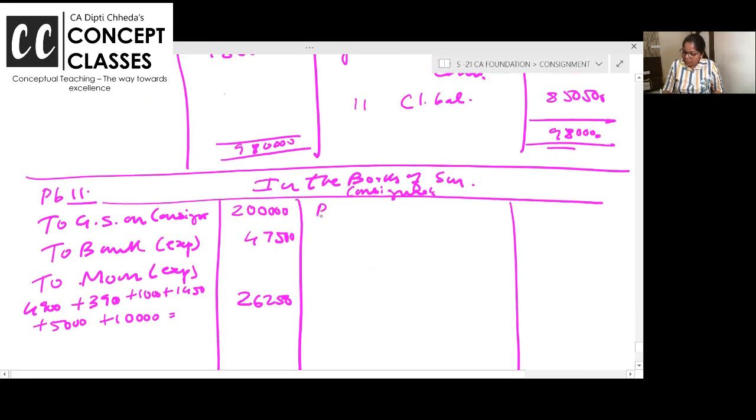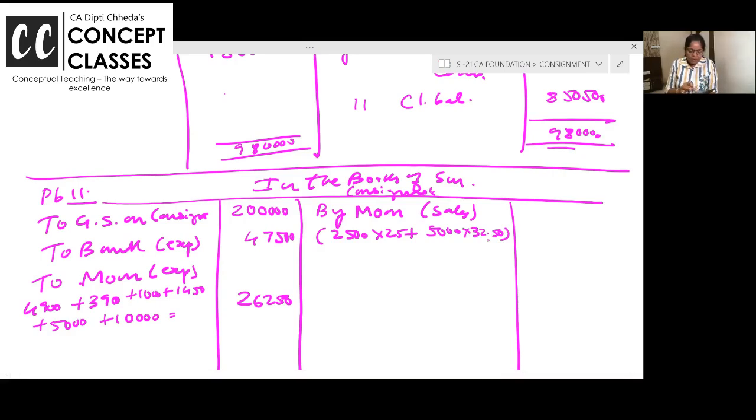Goods are sold by Moon, party to sales, and sales is like a consignment trading account. How many units are sold? 2,500 units are sold at 25. 5,000 units are sold at 32.5. 2,500 into 25. 5,000 into 32.5.